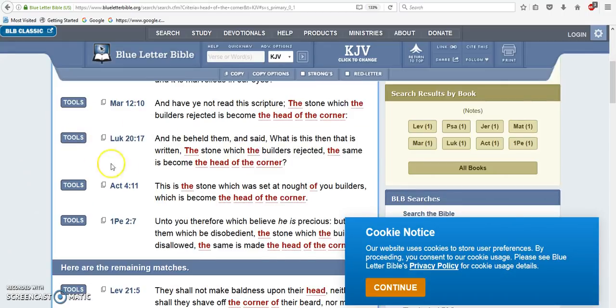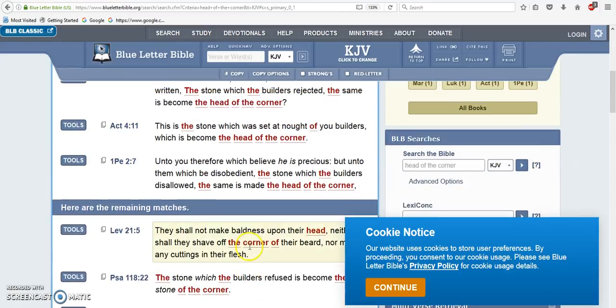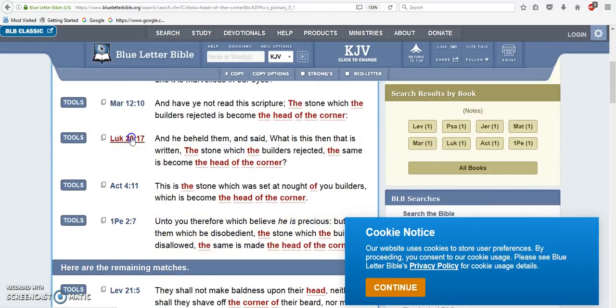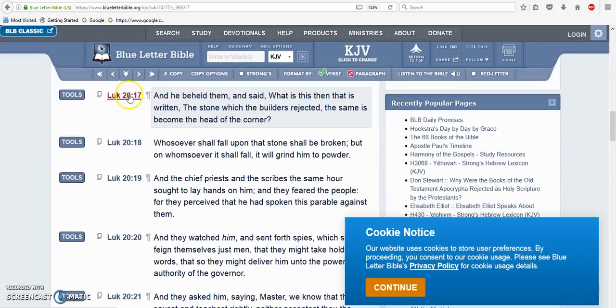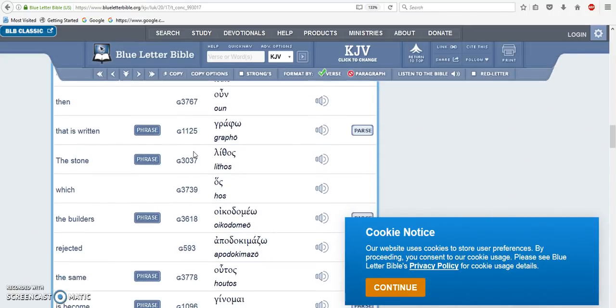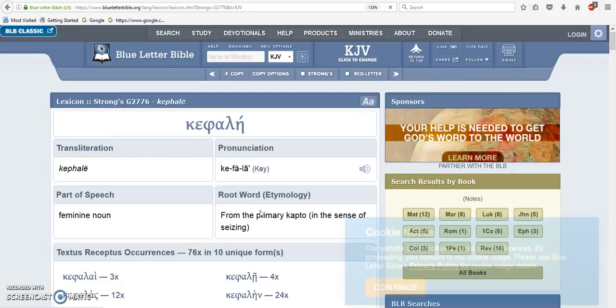Okay, I'll go ahead and show you that. It's also in Psalm 118 verse 22, and like I've said before, this is all about DNA ultimately, but as you can see, the word for head is Strong's number 2776, and it's actually used 76 times in the New Testament.